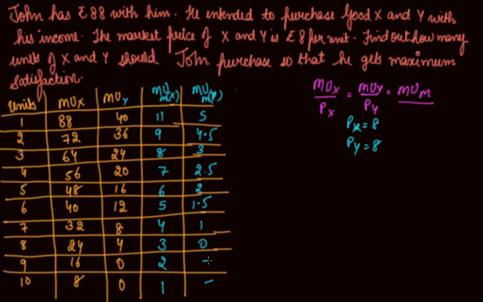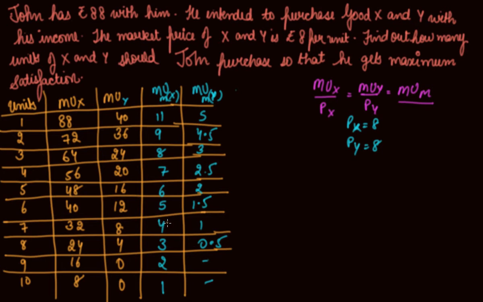So we have got the marginal utility of money of X and Y. Now we know that the equilibrium point is where MUX by PX is equal to MUY by PY, which is equal to MUM. Now you have to find the combinations where your MUM is equal.